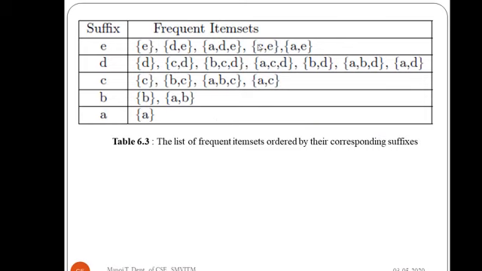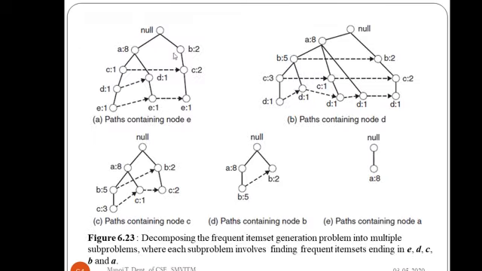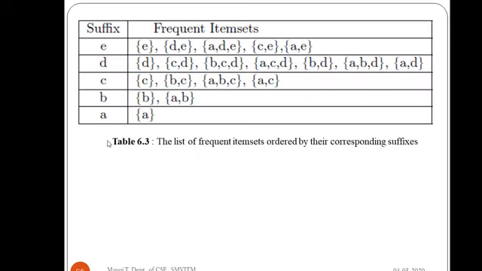This is the table of frequent item sets generated for the respective suffixes. If you simply look at this table, you will not understand why you have got D, E; A, D, E; C, E; A, E, because if you simply look at the tree and try to obtain this, you will not get this.